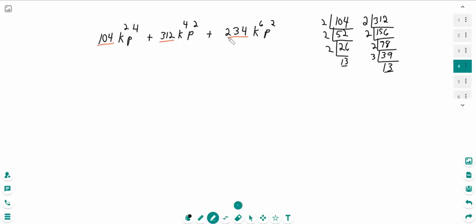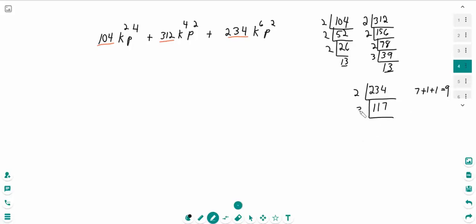All right, let's try 234. So 2 can go into that. Let's see, once, and 7 times. Okay, and then this one, 2 cannot go into it. But again, remember the rule for the 3s. 7 plus 1 plus 1 is 9, and 3 can go into 9.